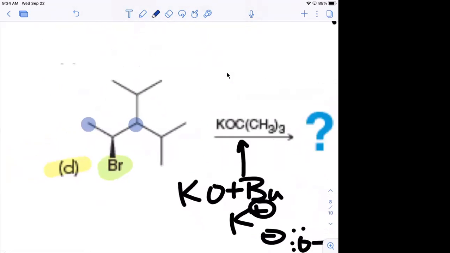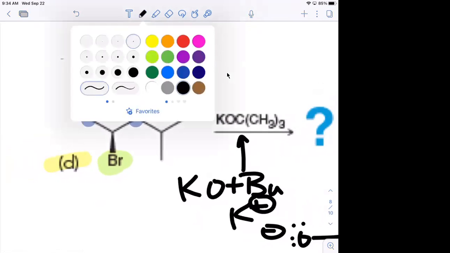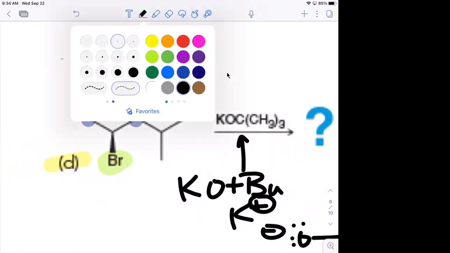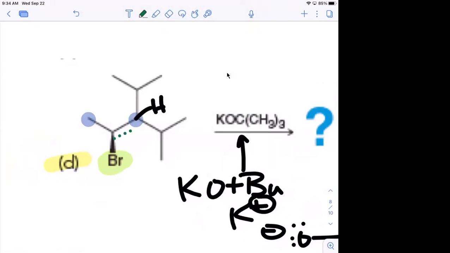Where's the double bond going to be if I pulled off this proton? Where would the double bond end up? To the right of the bromine. Right here. Let me change colors. Right there.